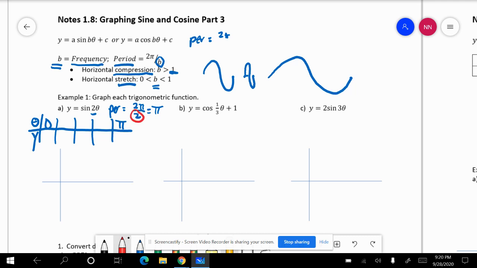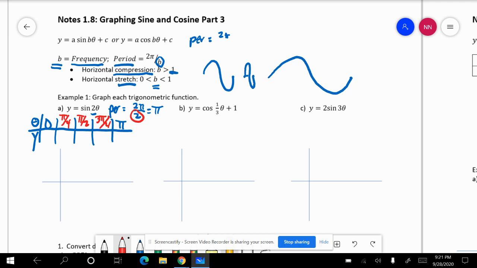Since we're dividing everything by 2, we take our normal theta values, like pi halves becomes pi fourths, pi becomes pi halves, and 3 pi over 2 becomes 3 pi over 4. So those are all of our x values.